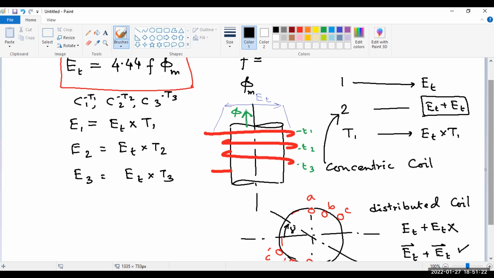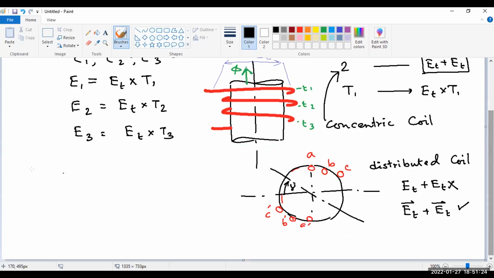So from this expression we can also write E_T into T1, E_T into T2. Sorry, what can we write?